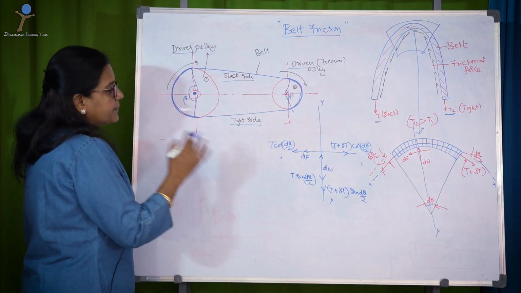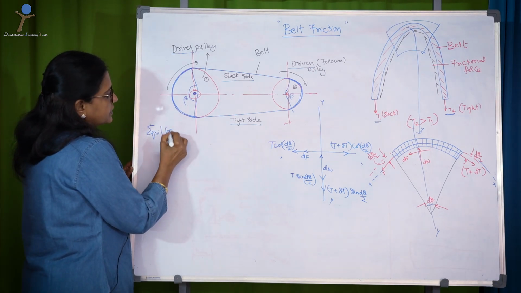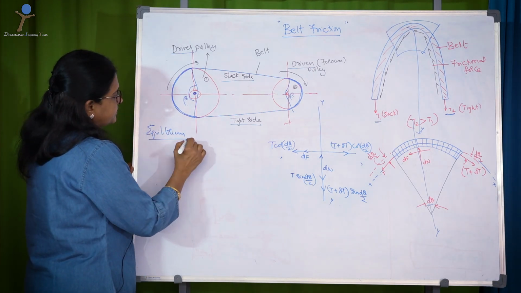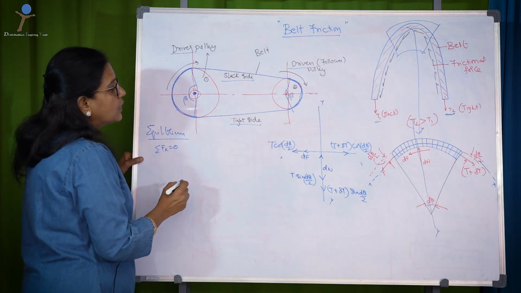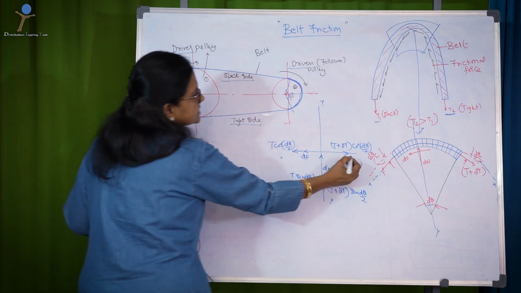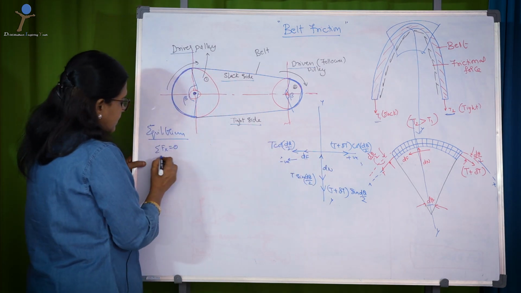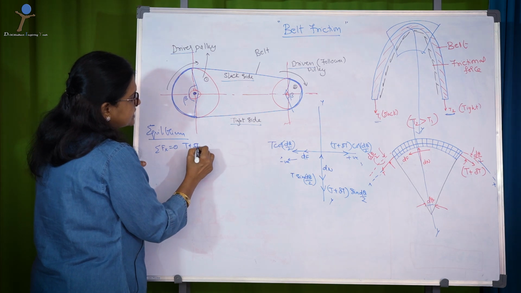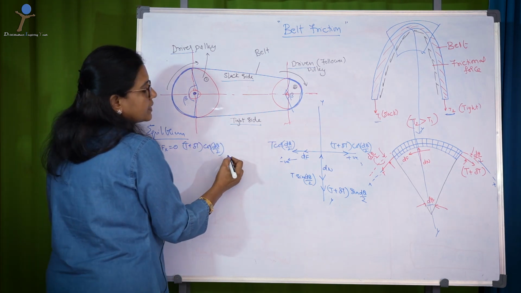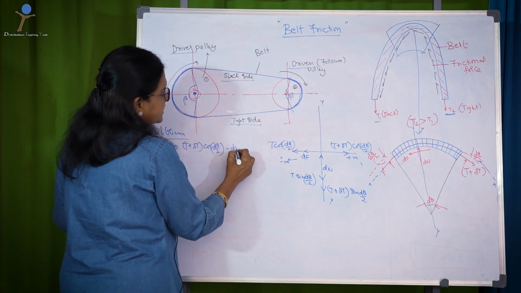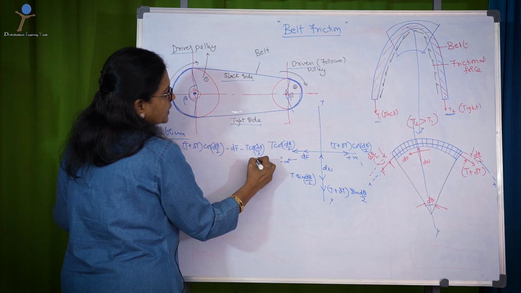Now, apply the equilibrium equations onto the belt. Sigma Fx equal to 0 gives you the sum of the forces in this direction positive and in this direction negative. I call (T plus delta T) into cos d theta by 2 minus dF minus T cos d theta by 2 equal to 0.